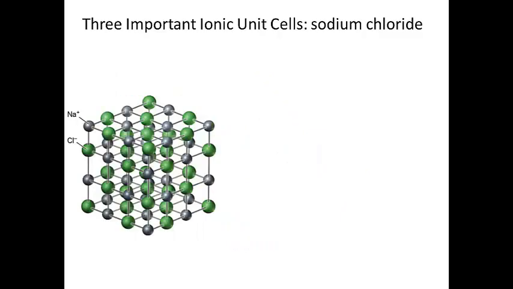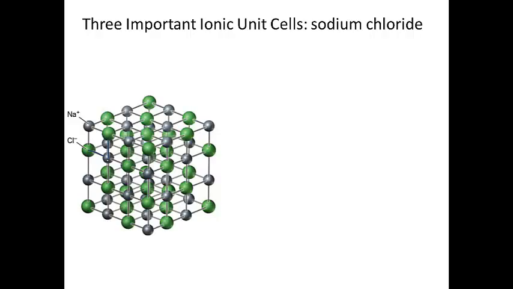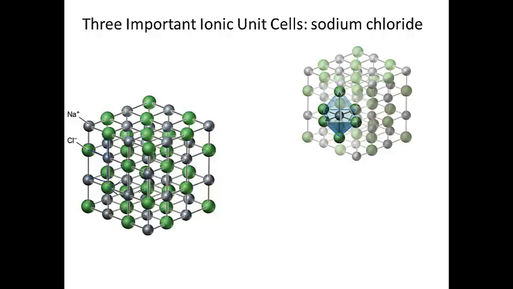This is the sodium chloride unit cell, and this is an extended version of it, more than the unit cell. This is the sodium chloride structure, and it has alternating positive and negative ions in each direction, x, y, and z. If you look at a particular ion, we're going to look at this one right here, up there. It shows that that's a sodium ion.